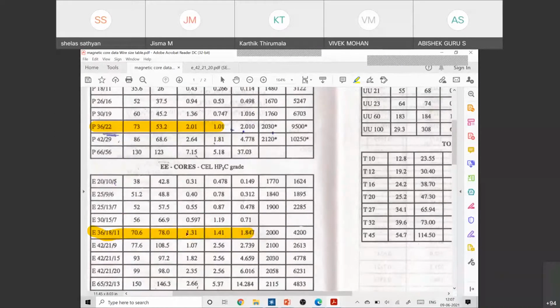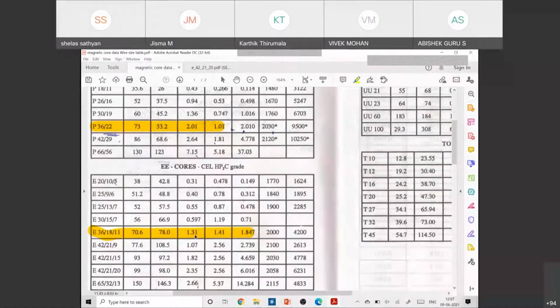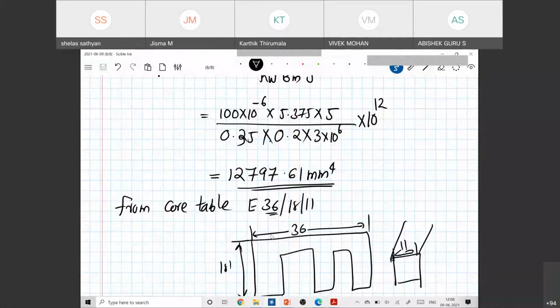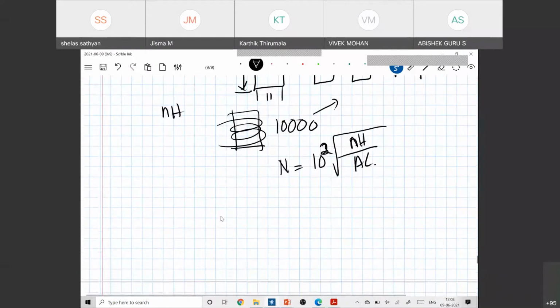So the cross-sectional area is 131 mm square and the window area is 141 mm square. These are the two values given for this core. That we got from our data sheet, I mean that core table.